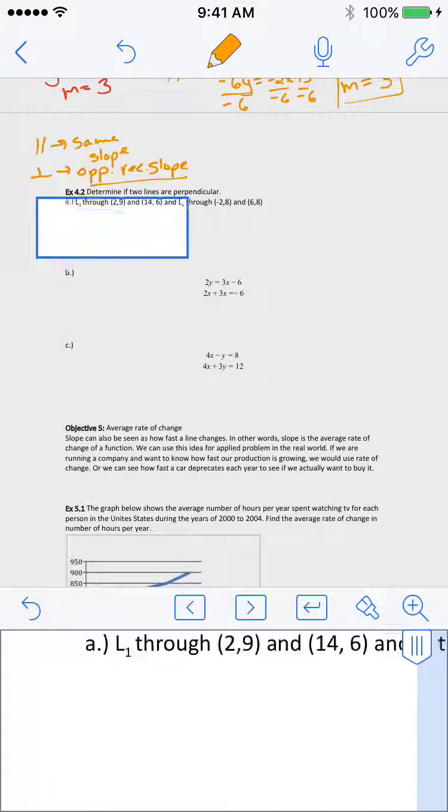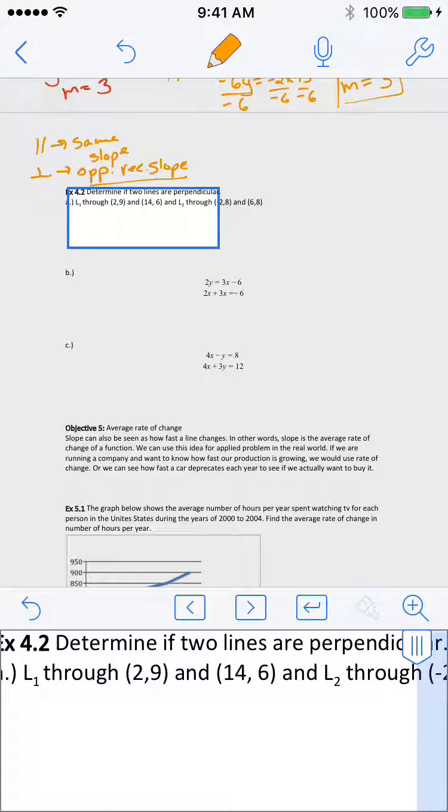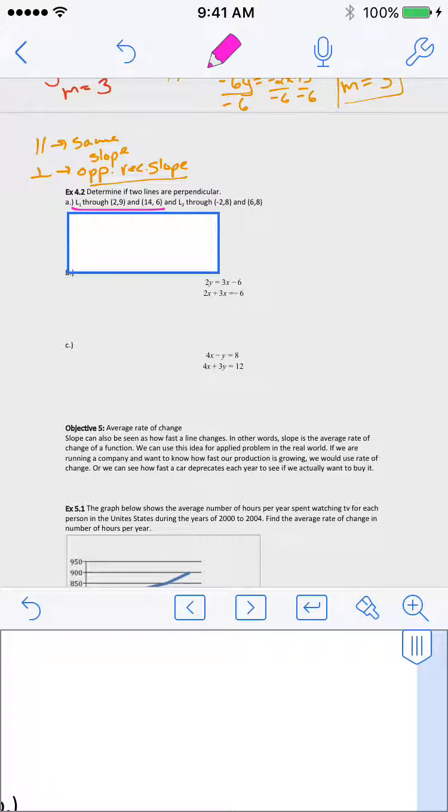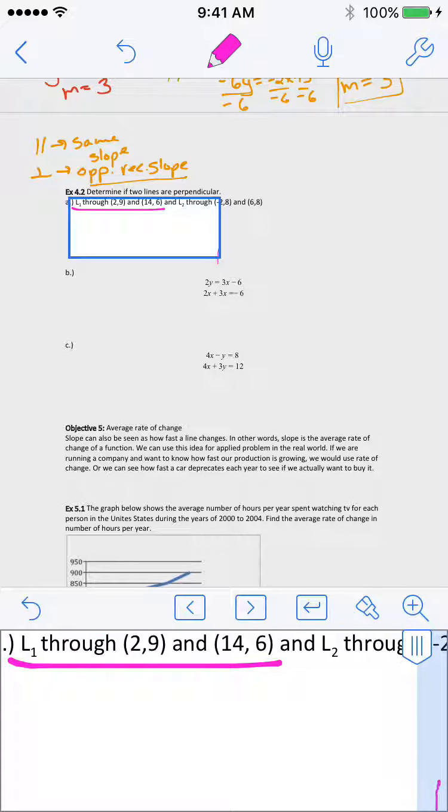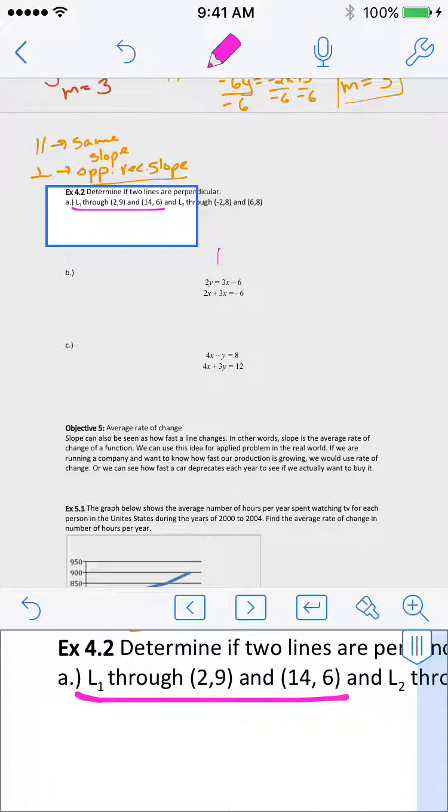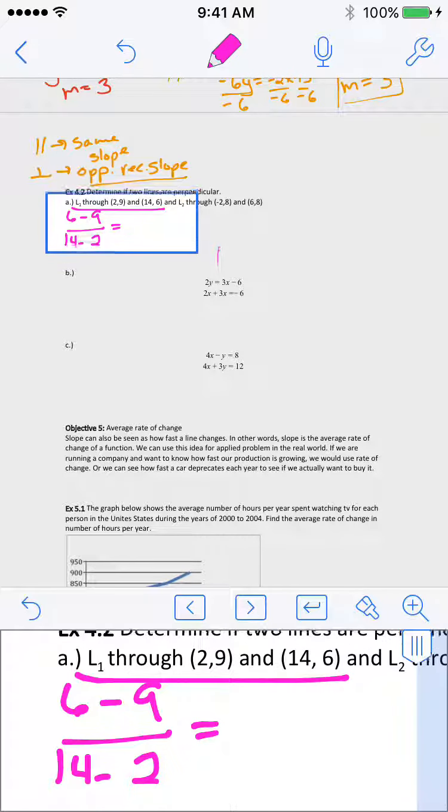Excuse me. All right, so line 1. Let's do line 1 in pink, because I'm a girl and I like pink. Cool. So let's do the slope formula. We've got the second point minus the first point. Hopefully by now the slope formula is a little easier. So we've got the second y, 6, minus the first y, 9, over the second x, 14, minus the first x, 2.